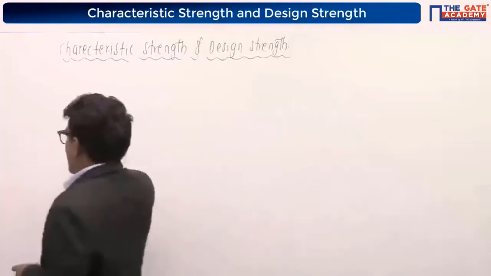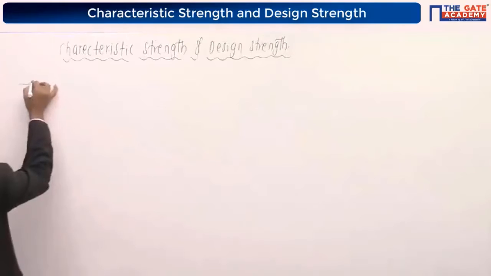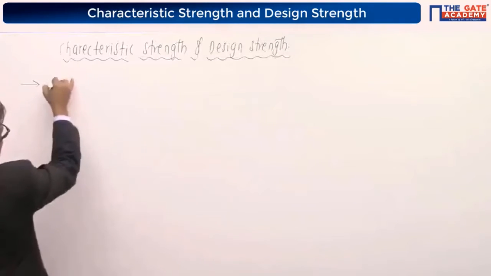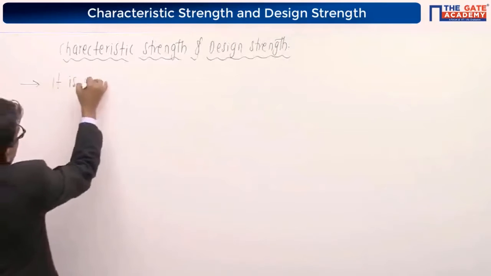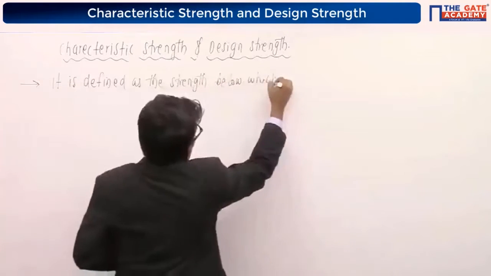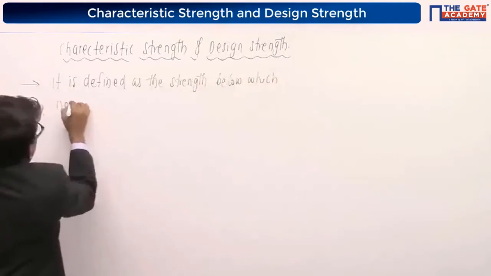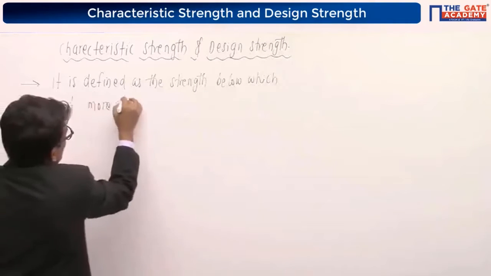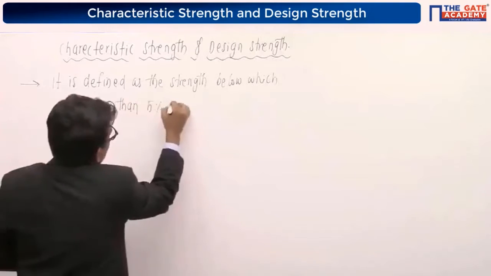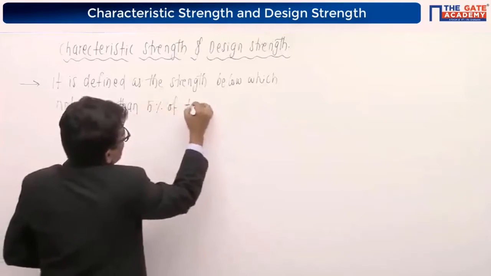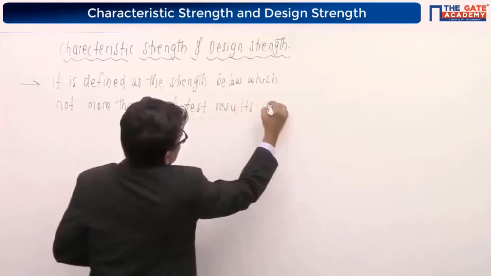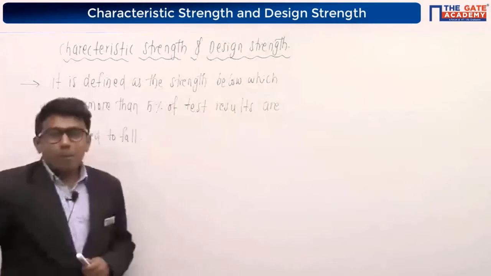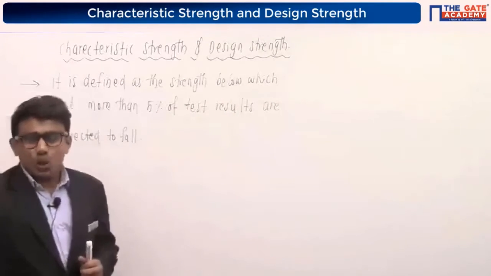So, what is characteristic strength? As per IS 456-2000, it is defined as the strength below which not more than 5% of test results are expected to fall. You can compare it with the characteristic load.